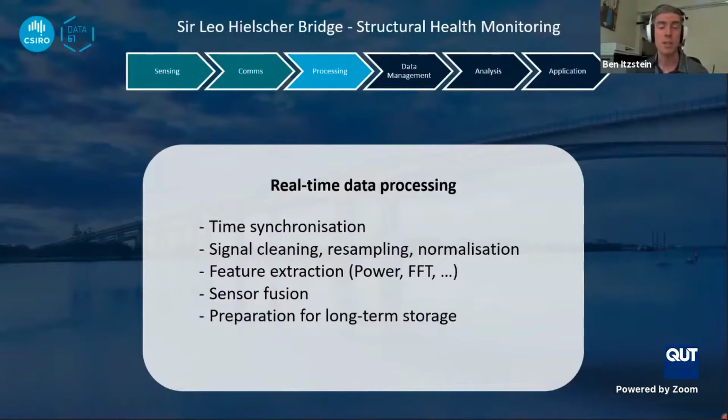But in our case, we're doing some time synchronization, some signal cleaning, some resampling for the purposes of FFT, for example, some normalization of the strains, extracting some different sorts of features that are inputs to the later analysis, doing some fusion between correlated sensors, and also preparing for long-term data storage. So after this point, the data is in a useful format for further analytics.